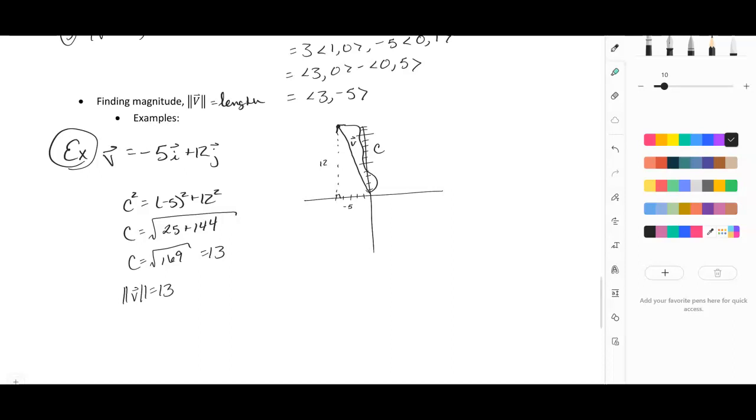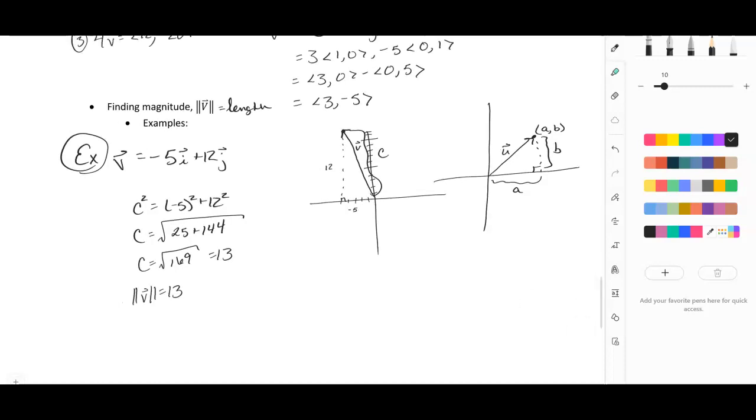All right, now let's come up with a formula for that. Let's say we have a vector, and I'll just draw this vector like this. I'll call it vector u. It has some point here that's a terminal point. I don't know what it is. Let's call it a and b. Well, this we could call a, because that's the length along the x-axis, and this is the length along the y-axis, so let's call it b. So if we want to find this magnitude, then we could use our Pythagorean theorem to do it, just like we did in the last example with numbers.